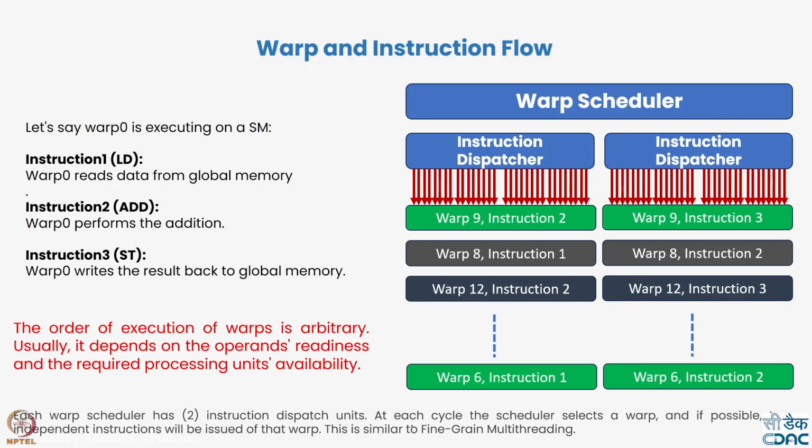Now let us try to understand how this flow of warps works with a small example. I am considering 2 instruction dispatchers, but in some GPUs there may be only 1 instruction dispatcher.